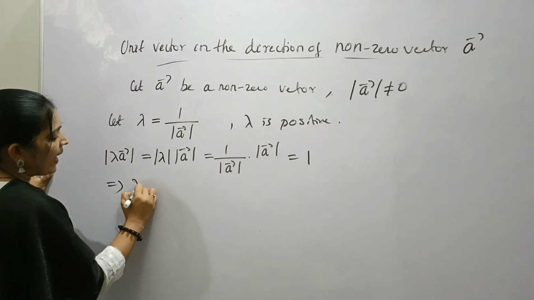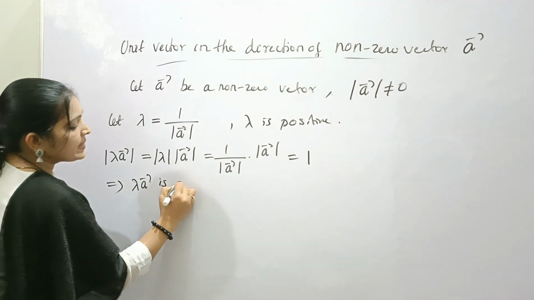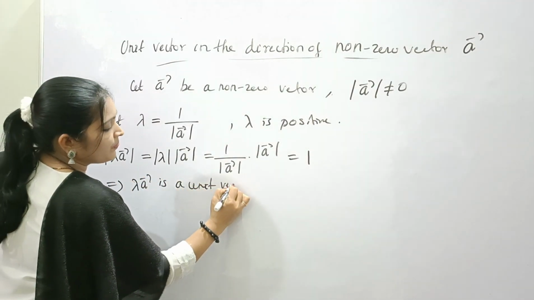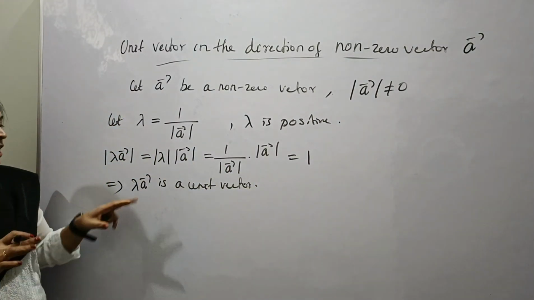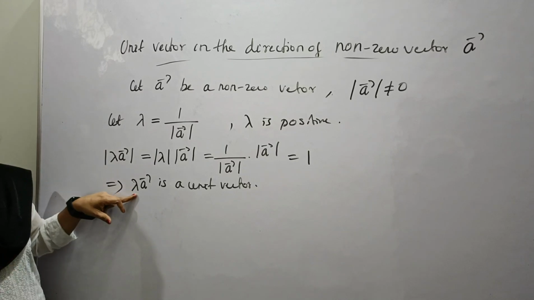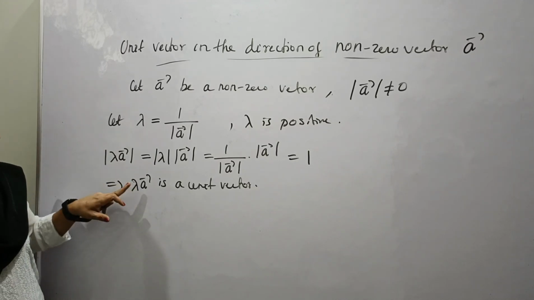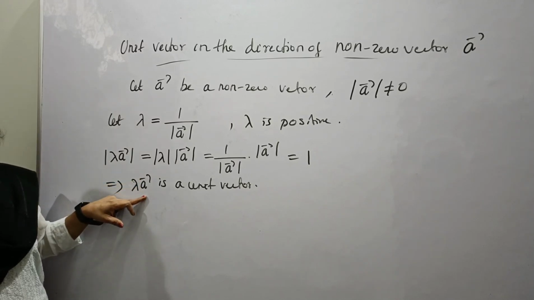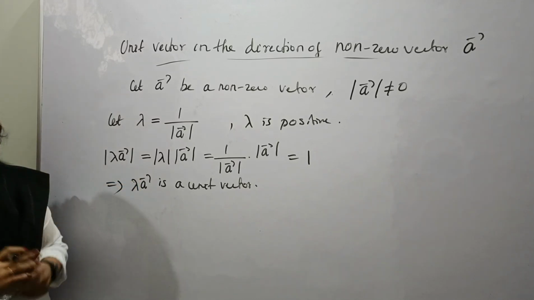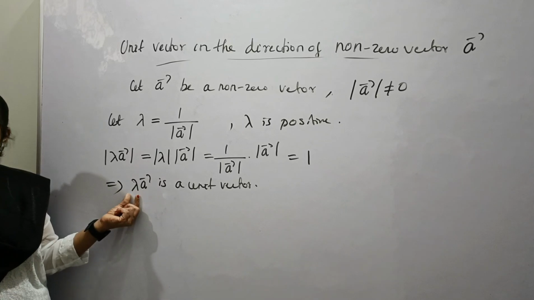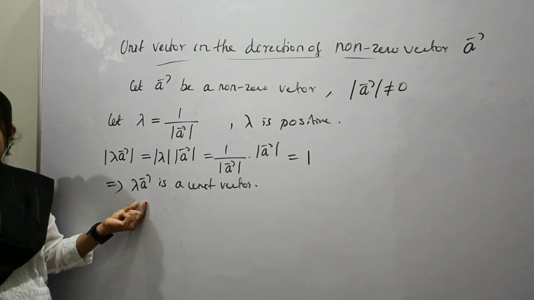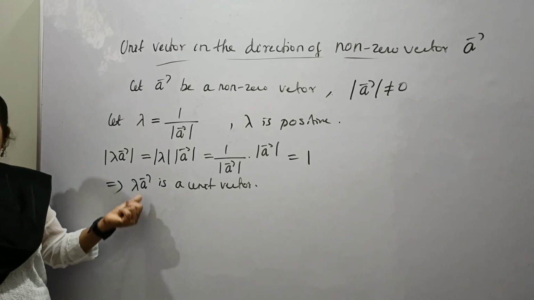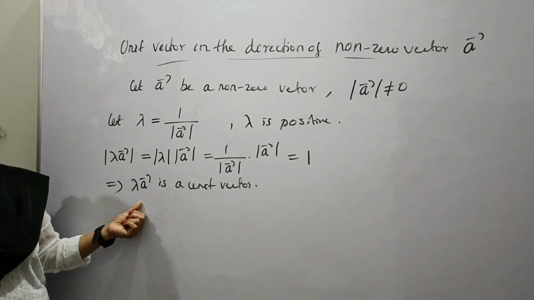And since this lambda is positive, the direction of lambda into vector A is same as that of vector A.